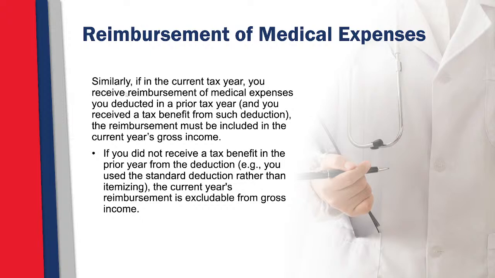If in the current tax year you receive reimbursements of medical expenses you deducted in a previous year on Schedule A, the reimbursement must be included in the current year's gross income. So what we're talking about here is that I was able to itemize. Part of my itemization was medical expenses. I went ahead and included some expenses on my Schedule A that I didn't think I was going to get a refund for, or a reimbursement from the medical insurance company.